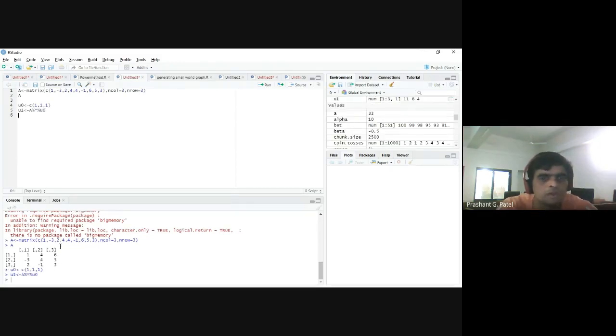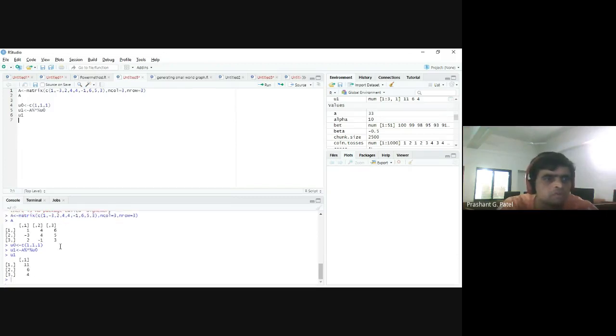That will give me U1. So this is my first approximation, 1, 1, 6, 4. Now in that we need to calculate the maximum value, and we'll divide by that.